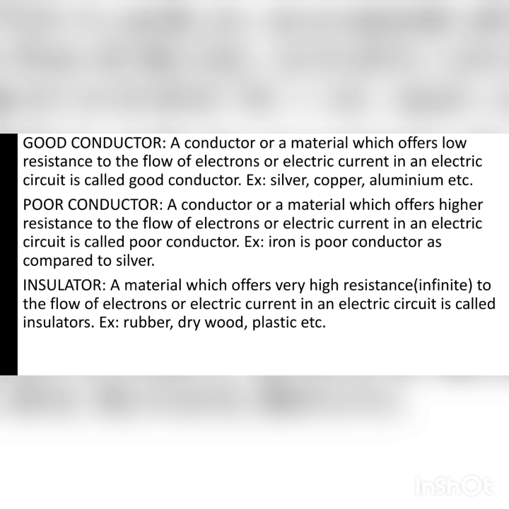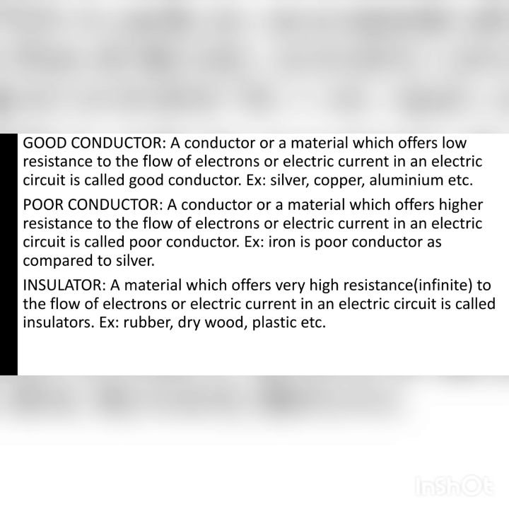Fine, but the best conductor is silver; because of its cost, we are not able to use silver at every place. Poor conductors are those materials which offer higher resistance to the flow of electrons. They offer more resistance than good conductors to the flow of current.